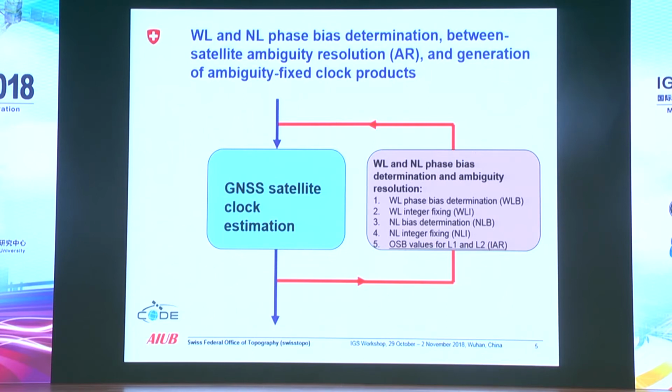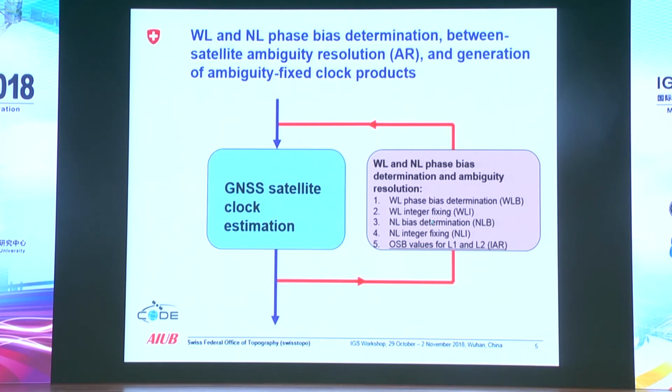This is how the procedure works. In blue you have the previous procedure, so ambiguity-float satellite clock estimation, and the new part is shown here in red. So you have first the ambiguity-float clock estimation, then you go once again back, have the ambiguities fixed, introduce them, and that's it.